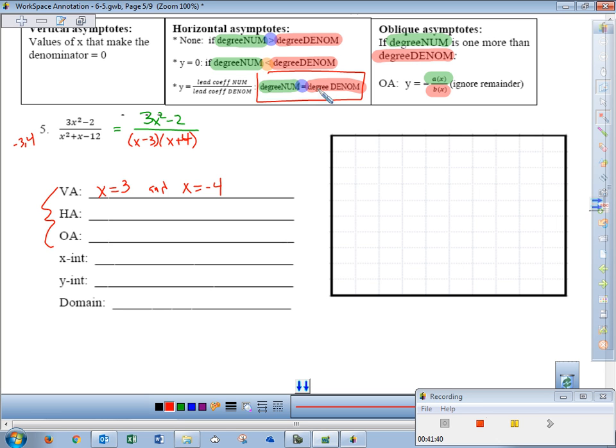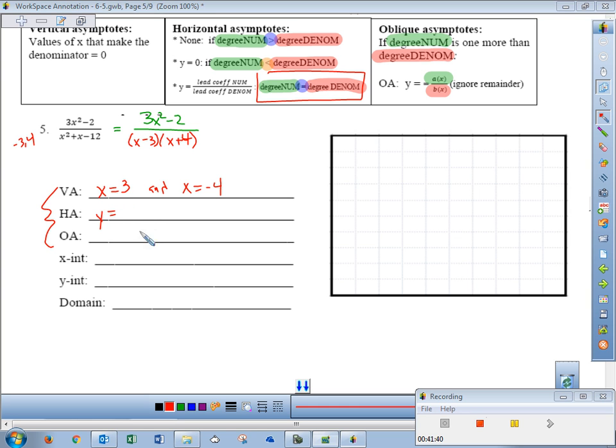And then you're wondering, okay, how did we do that again? Leading coefficients. It's going to be at y equals the leading coefficients over each other as a fraction. Who's the leading coefficient of your numerator? Again, look back to the original before you factored it. It's 3 over the leading coefficient of the denominator, which is 1, so y equals 3.